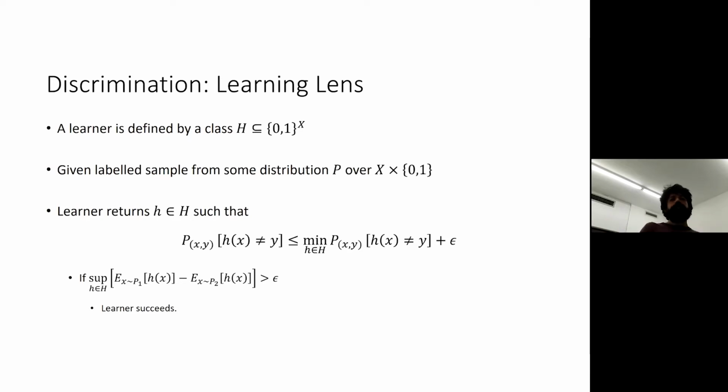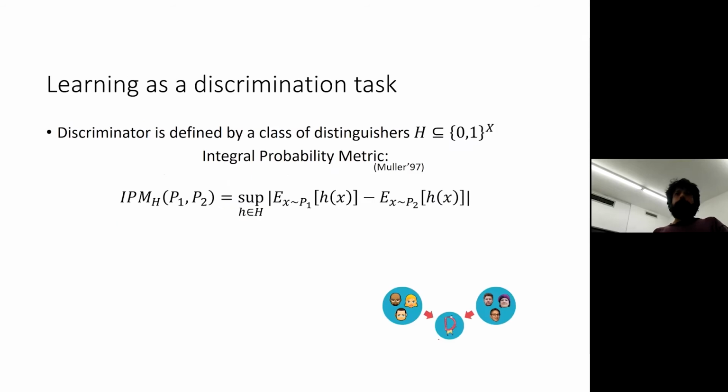You label data that comes from distribution P1 as 0, and you label data that comes from distribution P2 as 1. You give it to the learner, and the learner needs to learn a predictor. If you can learn how to predict if something comes from P1 or P2, then this is a certificate that the two distributions are different. If it's the same distribution, then obviously you cannot distinguish between the two.